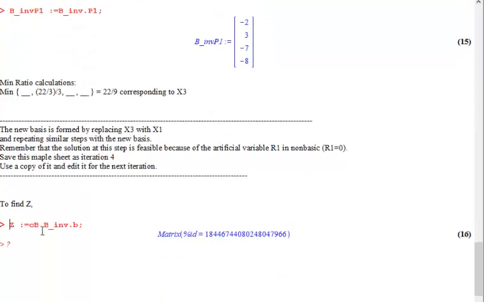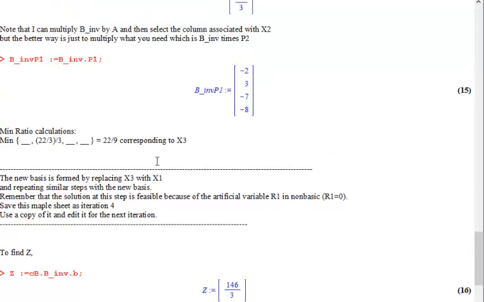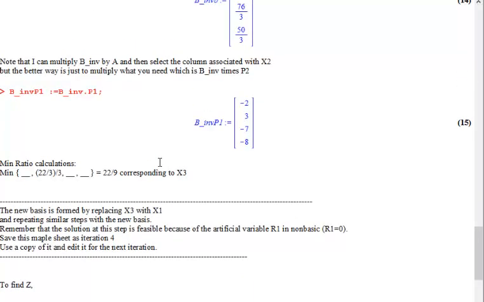Again, if you want, we can do the calculation for Z, but it is not needed at this stage because we are still not at the optimal solution. Again, we are going to save this sheet, and we will be using a copy of this sheet to create the new basis.